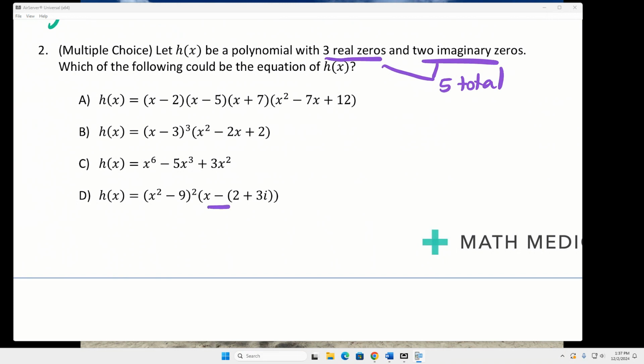No. This only has 1 imaginary. There has to be an even number of imaginary. Actually, it has to be 2 imaginary. So this is not possible, so we can go ahead and mark it out.